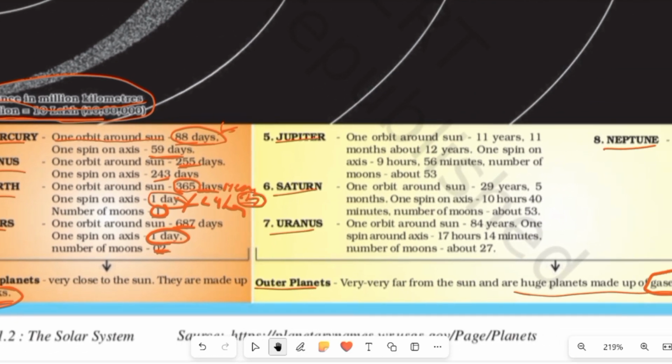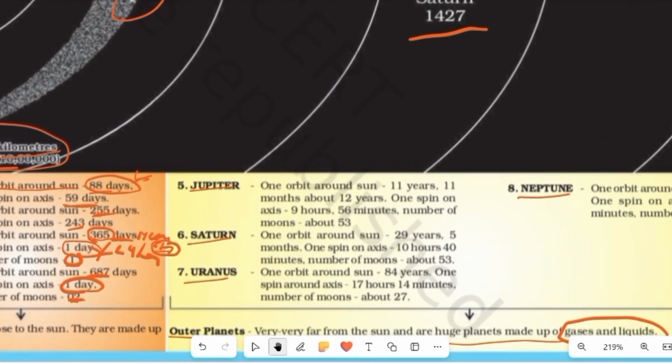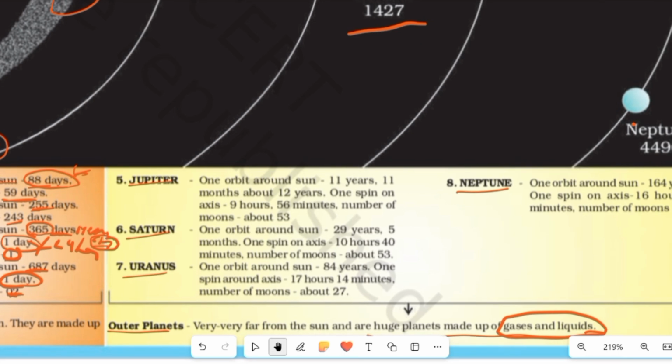Now we will discuss the outer planets. Jupiter takes almost 11 years and 11 months, about 12 years, to revolve around the Sun.